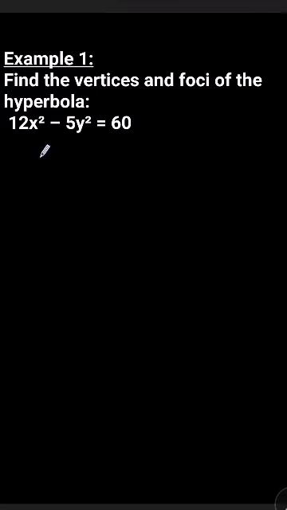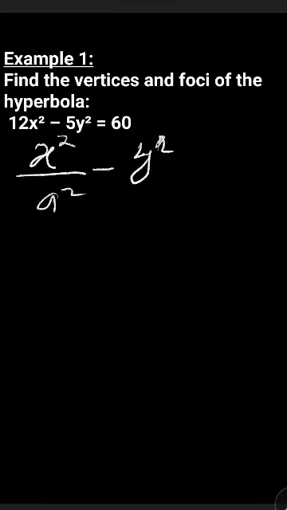The canonical form of the equation of a hyperbola is x squared over a squared minus y squared over b squared equals 1. We can write this equation in that form by dividing through by 60, so that the coefficient of x squared will be 1, the coefficient of y squared will be minus 1, and the constant here will be 1. Okay, can we do that?